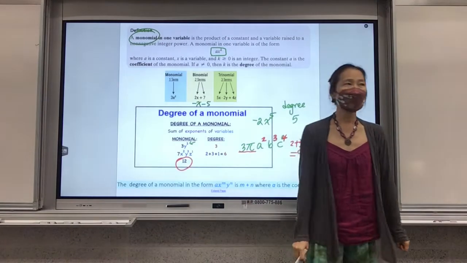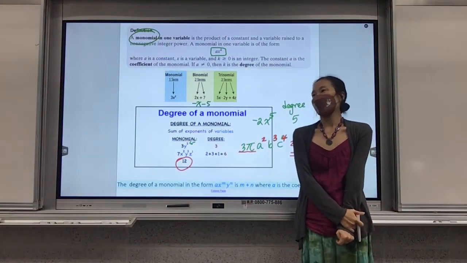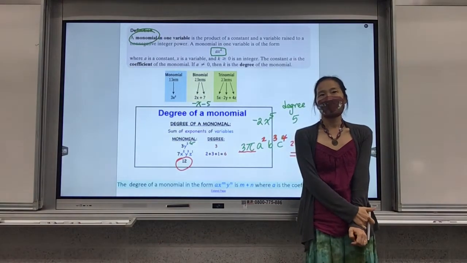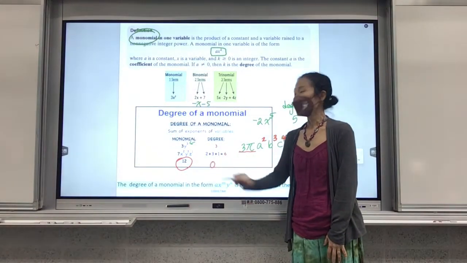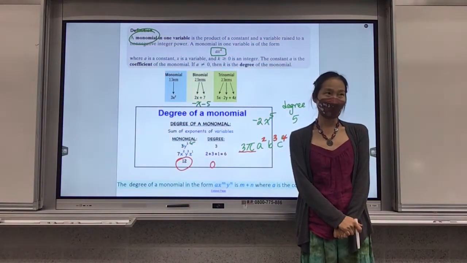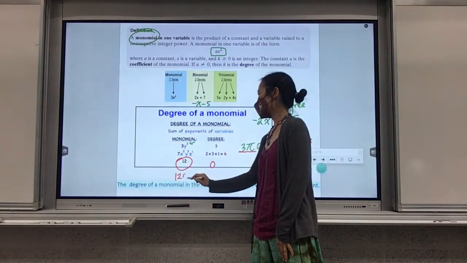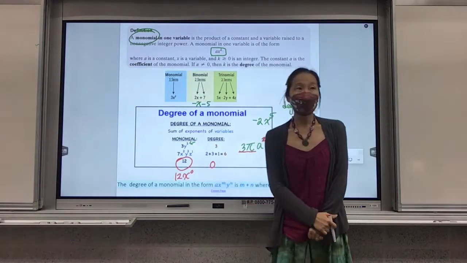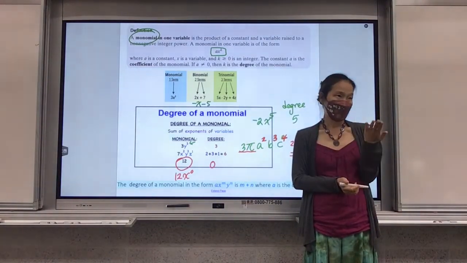This is a constant only. What is the degree of 12? 0. 0 degree. And it is okay to be a degree 0. It is a polynomial, right? We can write it as 12 times x to the power 0. Because whole number, positive integer, is including 0.